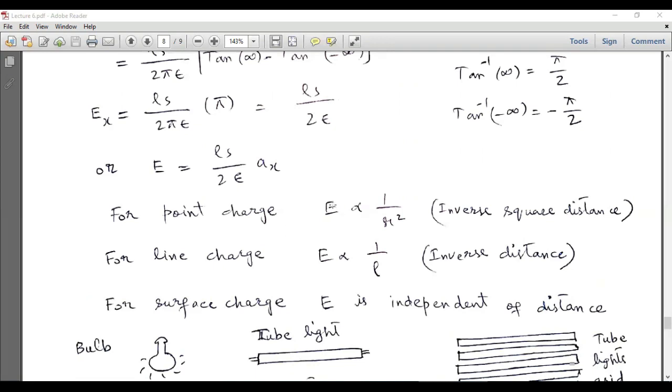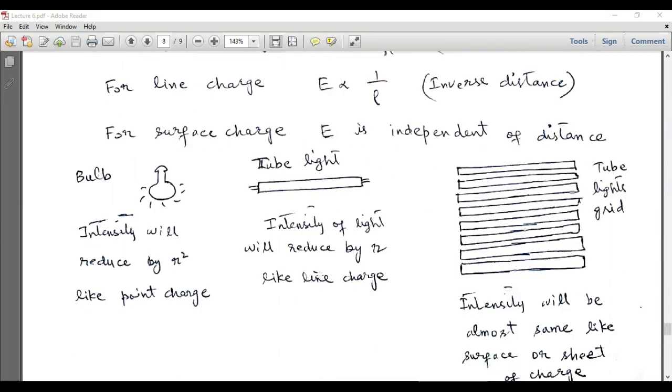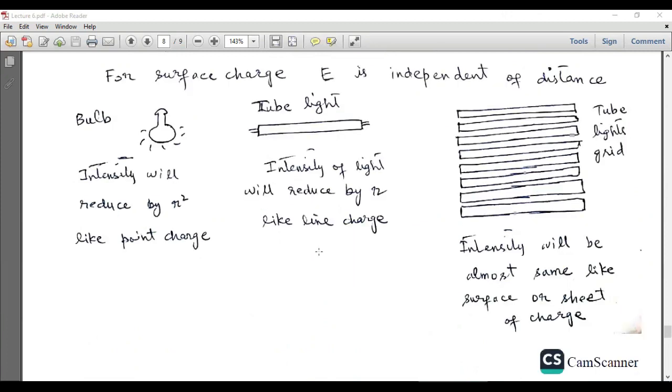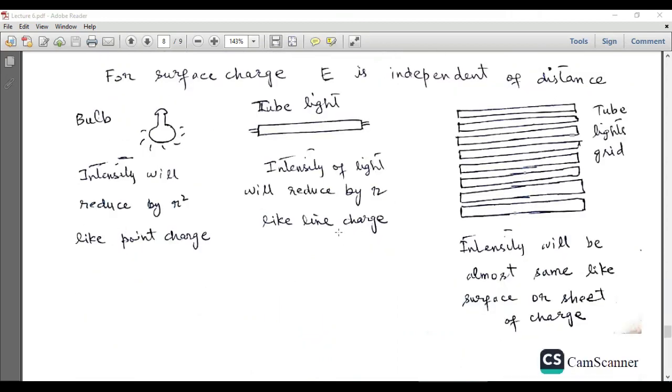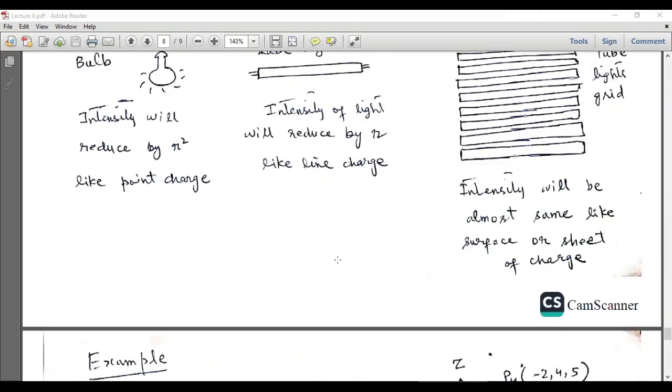In charge sources we have electric field, and in sources of light we have the intensity of light, but the relationship with distance is the same as we move away from the sources. So I hope that interesting point is understandable to you. You can read this discussion by yourself as well, and I think it will be clear to all of you.